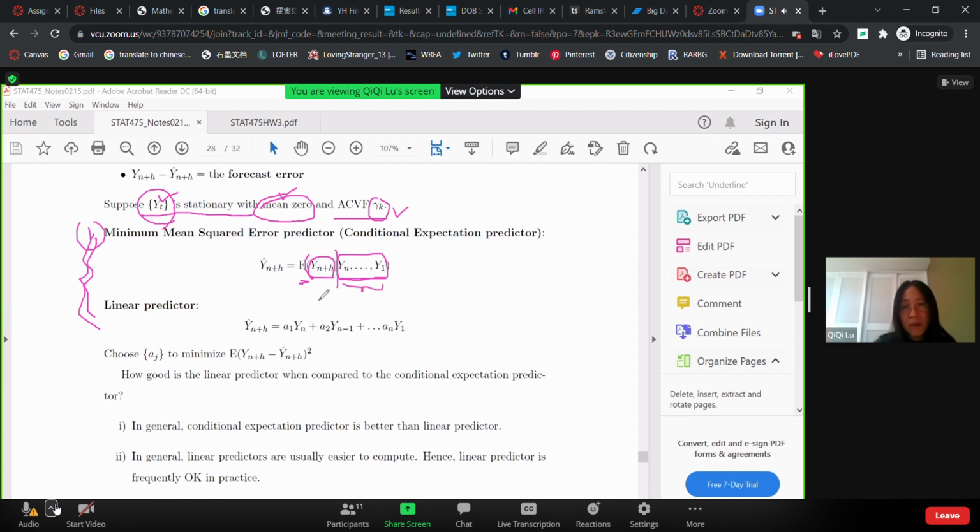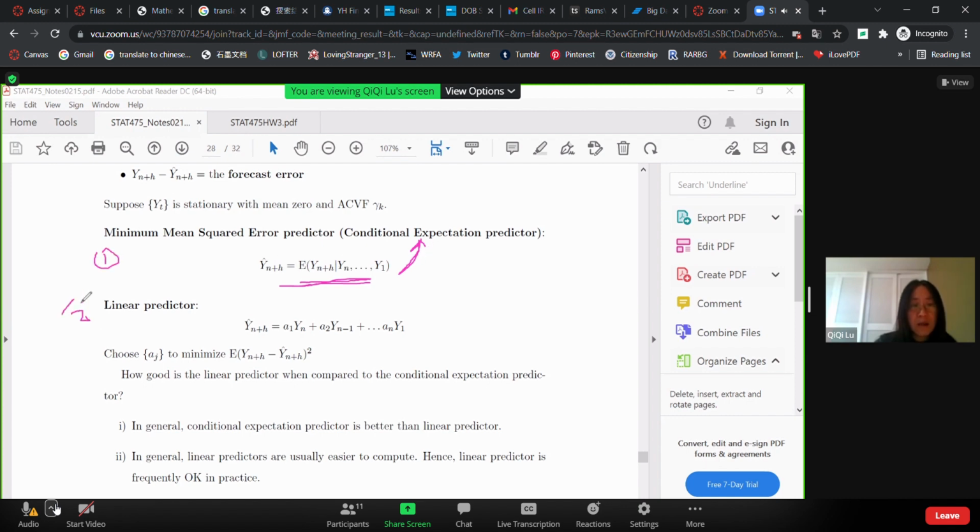So this is a typical value for Y_{N+H} given Y1 to YN. We call this the minimum mean square error predictor, because this is a conditional expectation. So it's also called the conditional expectation predictor. So that's the first one.